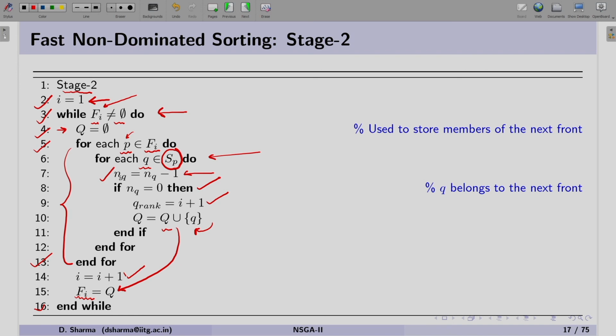From this discussion, what we understood is that in stage 1, we used the concept of dominance, and using that concept we tried to find out which solutions are non-dominated. Along with that, we have used two parameters, SP and NP.